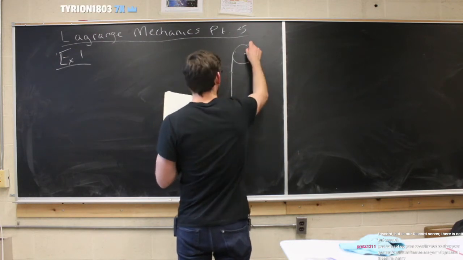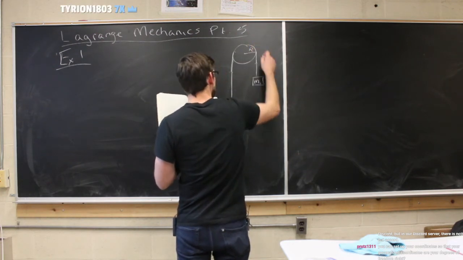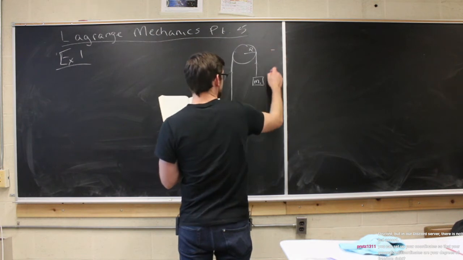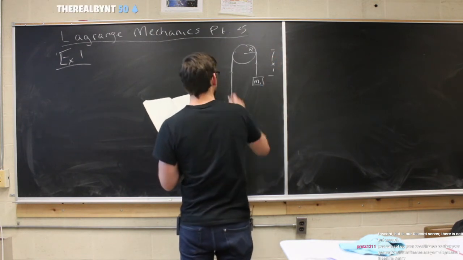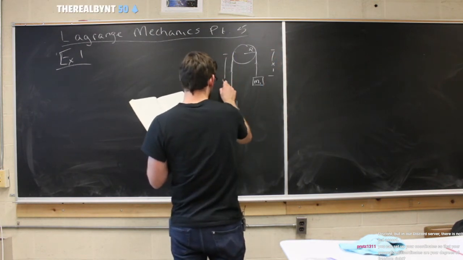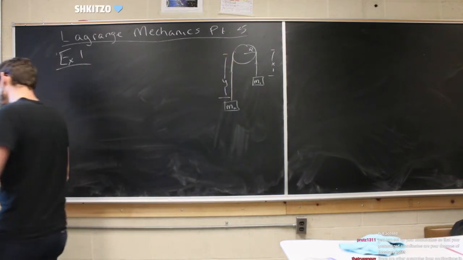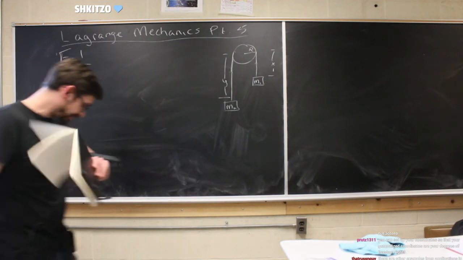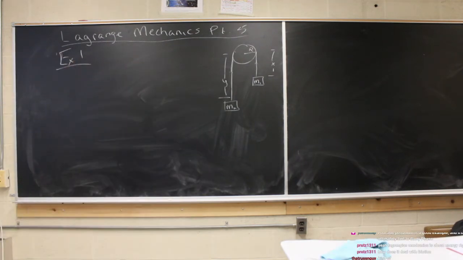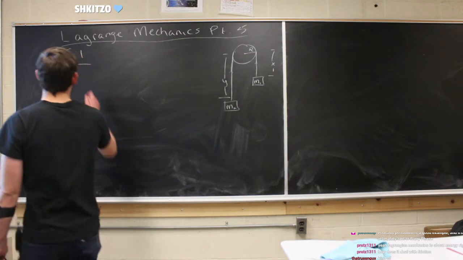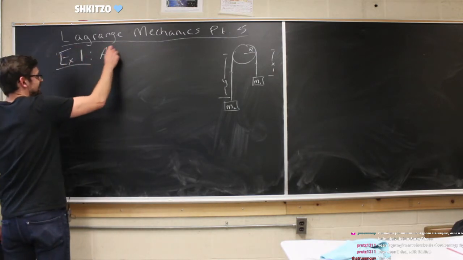It has some radius r, and we're going to label this distance as one of the generalized coordinates. And we're going to see if we can write this in terms of 1 generalized coordinate with 1 degree of freedom. Okay, let's just keep going. All of these are going to be frictionless.